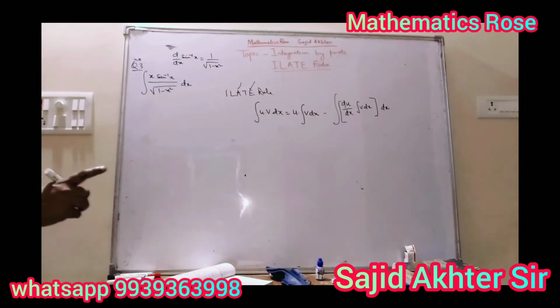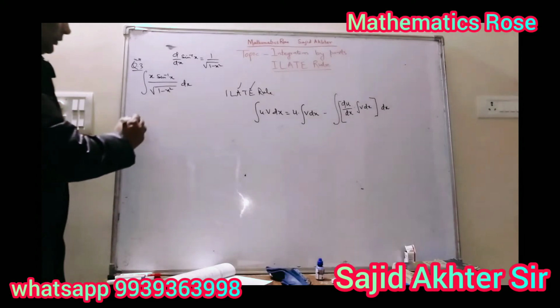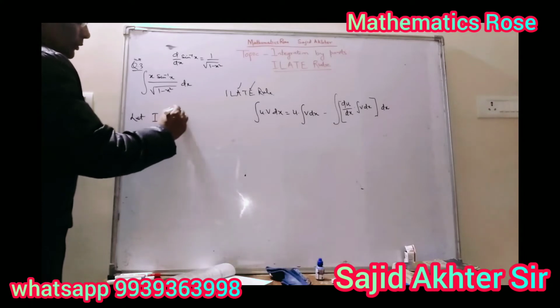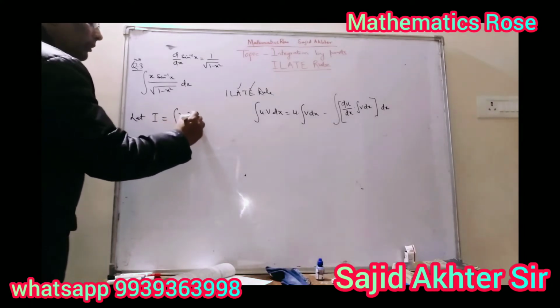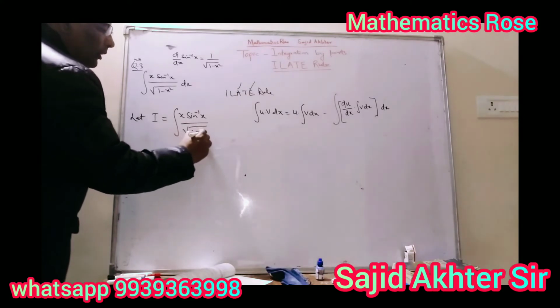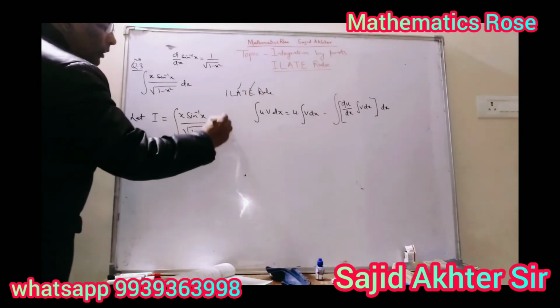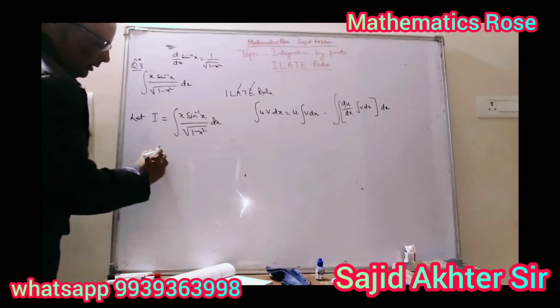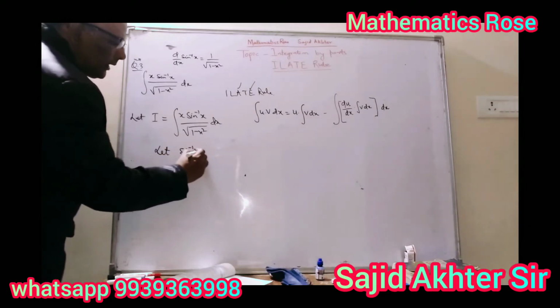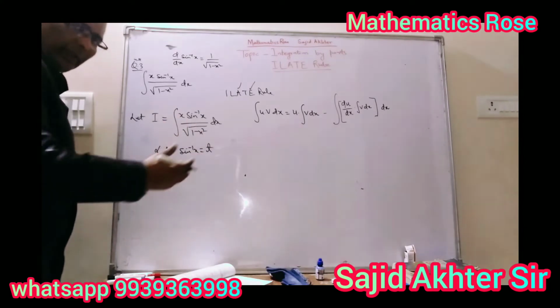So let us suppose I is equal to the integral of x sin inverse x upon root under 1 minus x square dx. Let sin inverse x be equal to t, another variable.